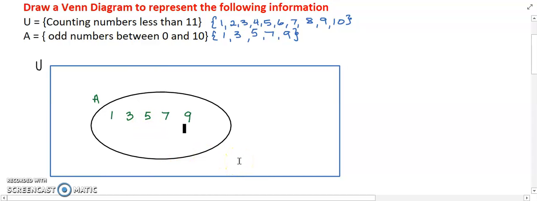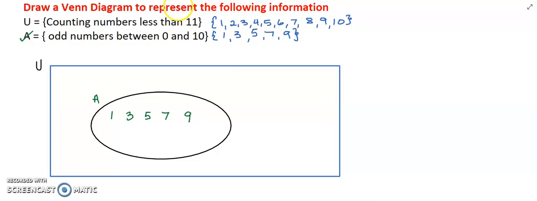Now we have completed A, we have done that part already, okay? Now to look at the universal set. Now the universal set already has these members of A. 1, 3, 5, 7, and 9 are also in the universal set. And we're not going to duplicate and write them again.